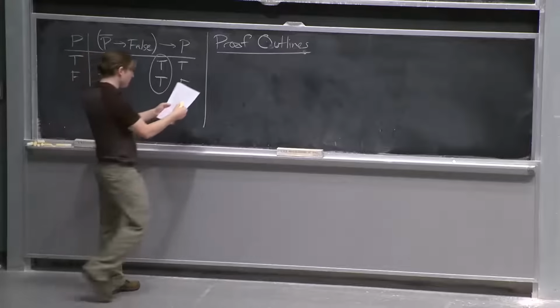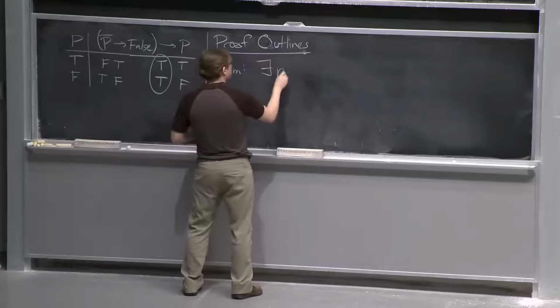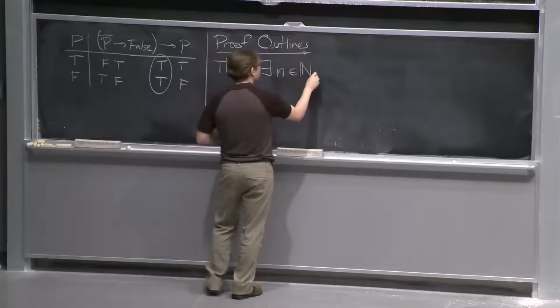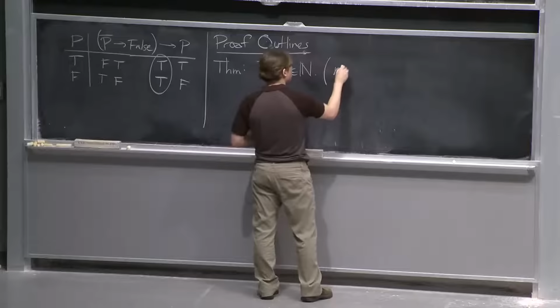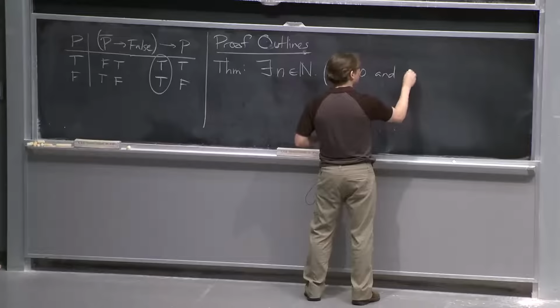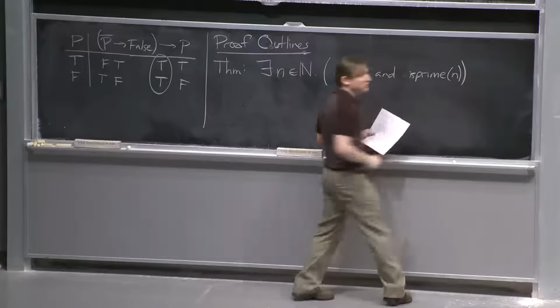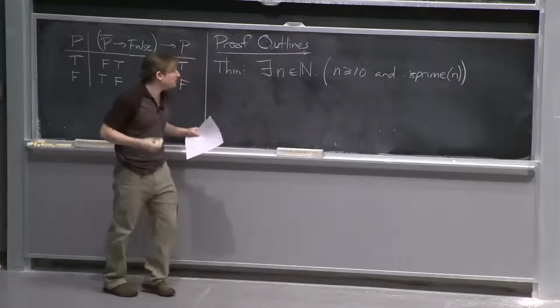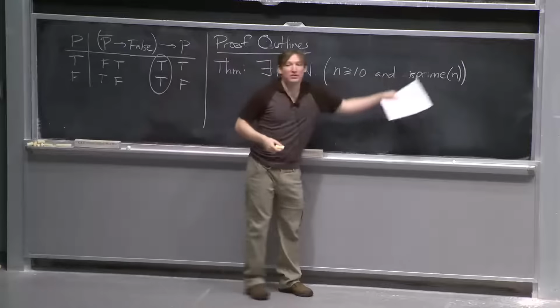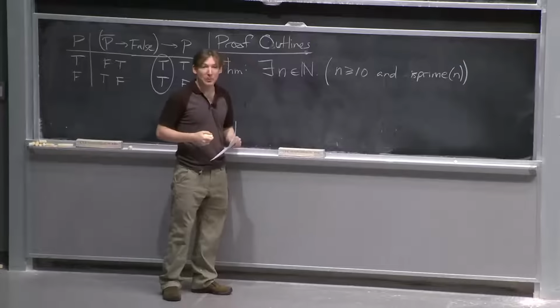For example, if we have a theorem, there exists a natural number n such that n is at least 10 and n is prime. Here's our theorem. There exists a number that's at least 10 and is prime. There exists a prime bigger than 9.